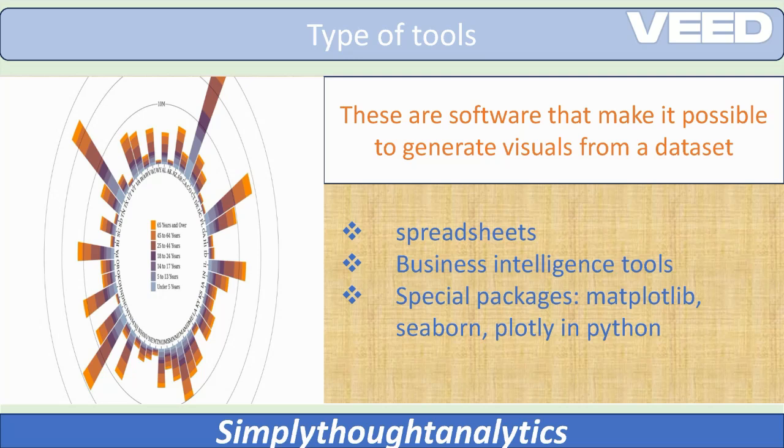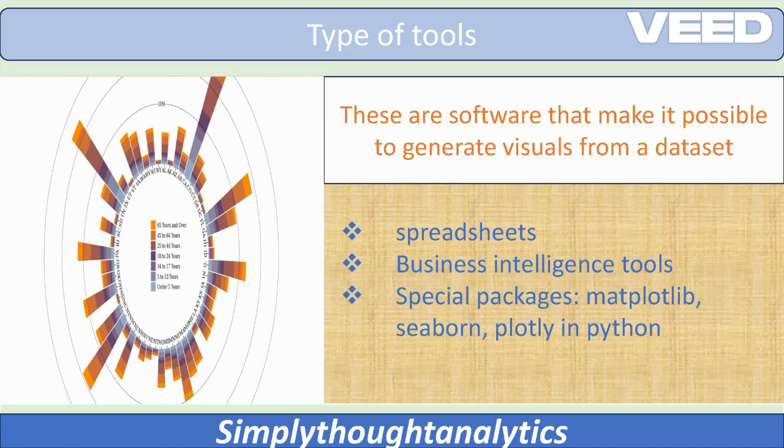The second category are the business intelligence tools. The word business intelligence means the art of making data-driven decisions in business. So the people in the business world, like I said before, recognize the fact that you can't make the best decision without using data-driven decision making.